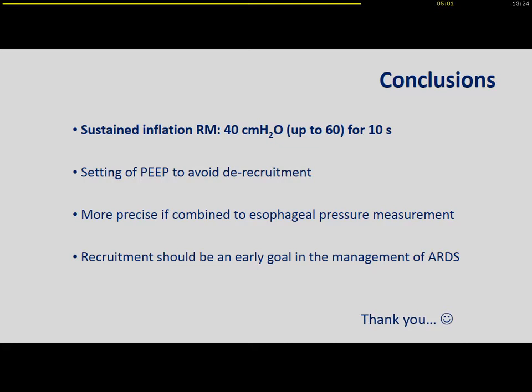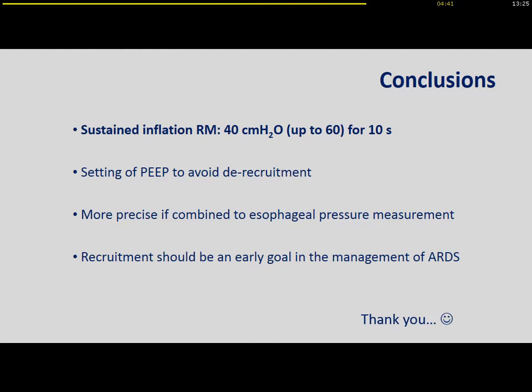So in my experience, using a short recruitment maneuver, 10 seconds, does not avoid every hemodynamic compromise, but limits it. We don't check the cardiac echo before doing this.